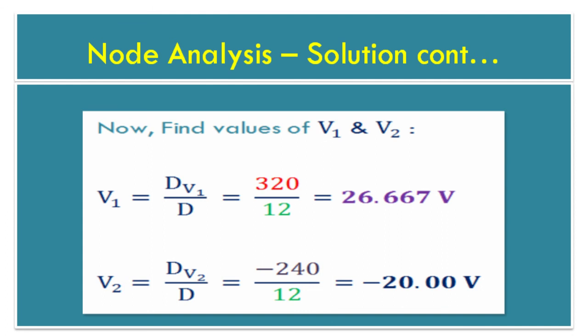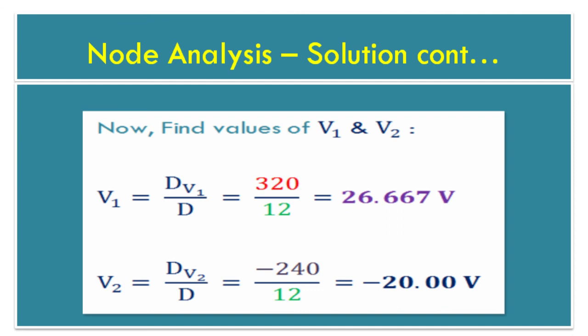Now find values of node voltages V1 and V2 using determinant D and determinants dV1 and dV2 as voltage V1 is equal to determinant dV1 upon determinant D is equal to 320 upon 12 is equal to 26.67 volt and voltage V2 is equal to determinant dV2 upon determinant D is equal to minus 240 divided by 12 is equal to minus 20 volt.